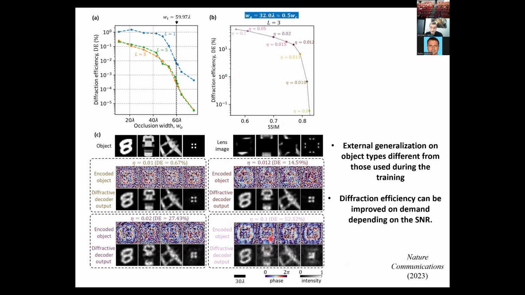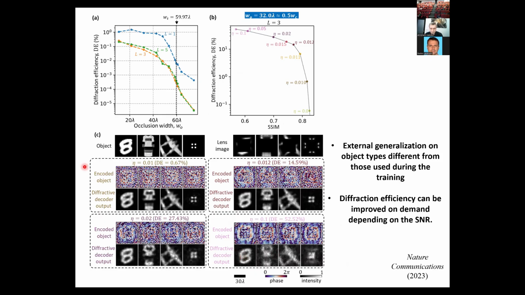These systems can also be made diffraction efficient. If you are after diffraction efficiency of the whole process, you can, of course, sacrifice some performance in the reconstruction plane in favor of diffraction efficiency. For example, this solution here was penalized for diffraction efficiency, and you have almost 53% diffraction efficiency with some sacrifice in all-optical reconstruction resolution.